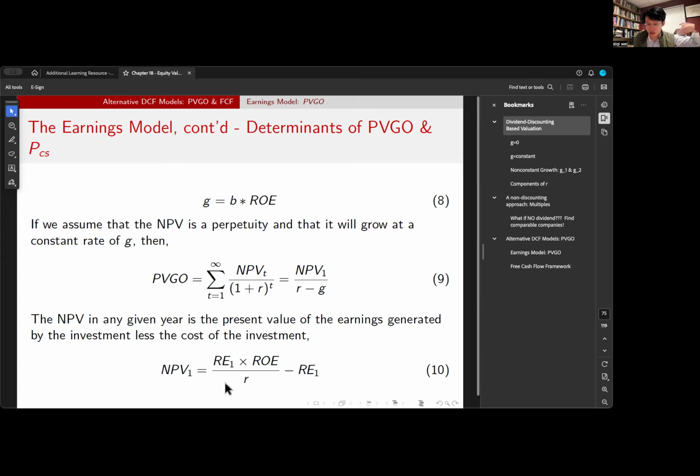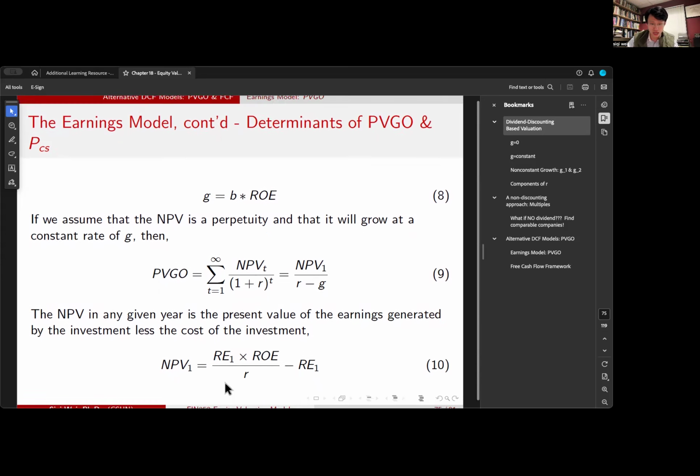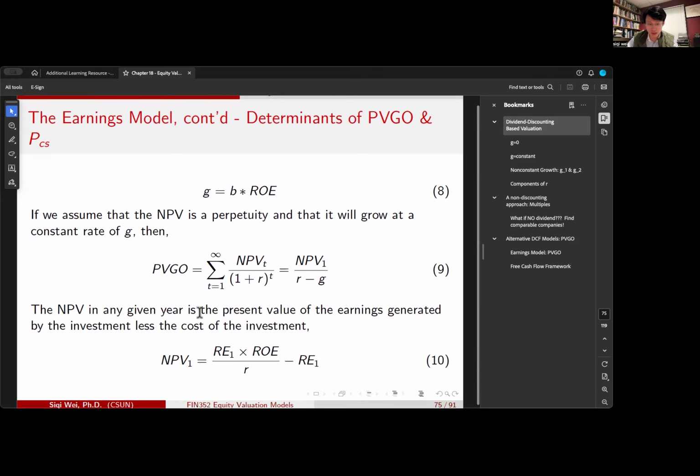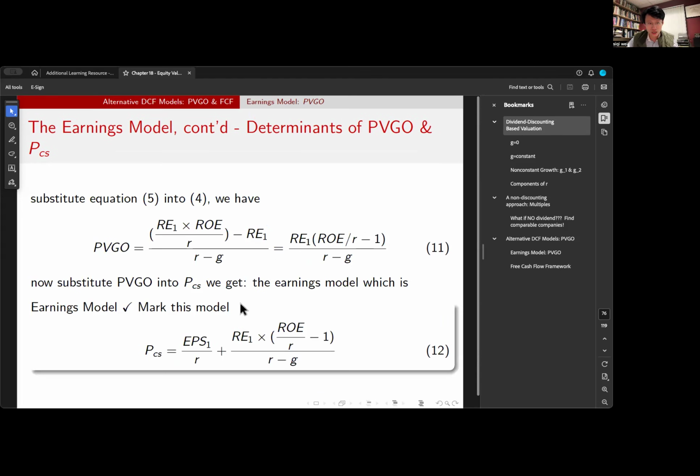All right, retained earnings times the profitability divided by the growth rate is the discounted payoff. It's a form of perpetuity that gives you the NPV. If you don't fully understand that, that's totally fine. At least we have a way to generate the NPV so that we can calculate the PVGO. All right. After some substitution, that gives you the price of the common stock, where the first term captures the assets in place, the second term captures the growth option, the present value of growth opportunity.